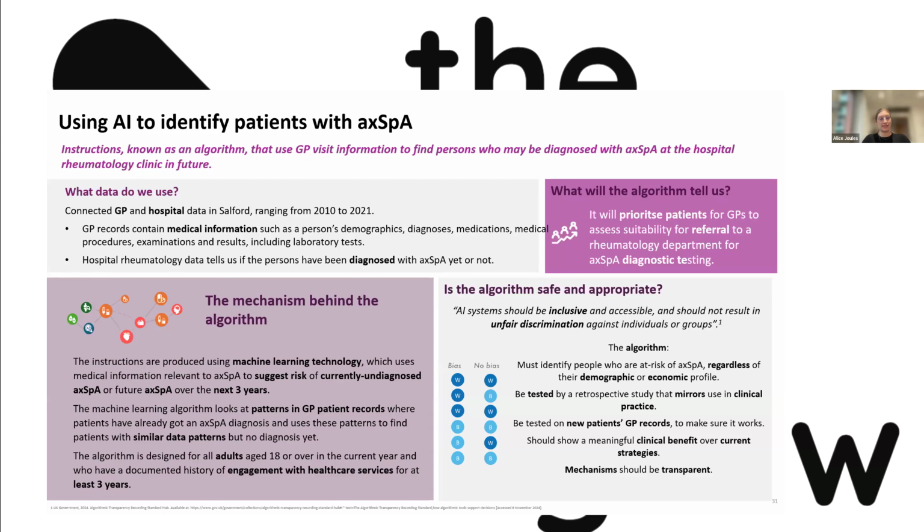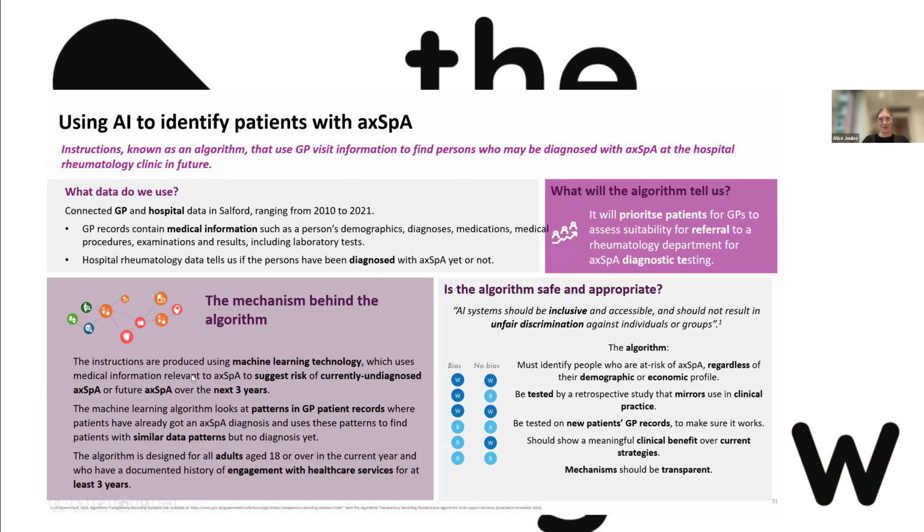And it learns these patterns so that in future, if we were to deploy the algorithm into clinical practice, we could look for these patterns all over again and find patients whose GP records look like those of the patients who have an axSpA diagnosis. And we want to do this so that they can go down the referral route and understand if they do indeed have axSpA.